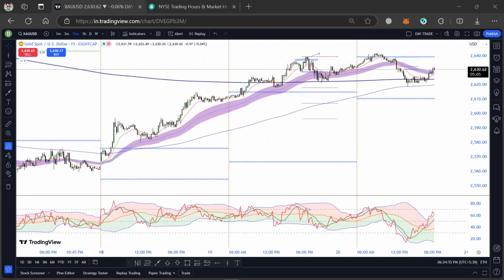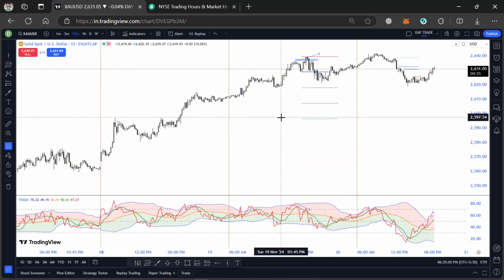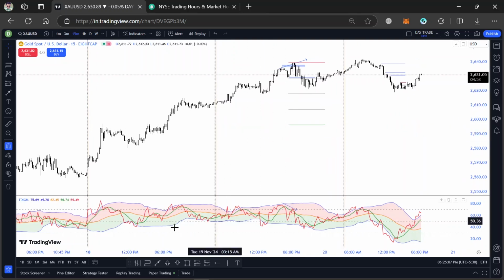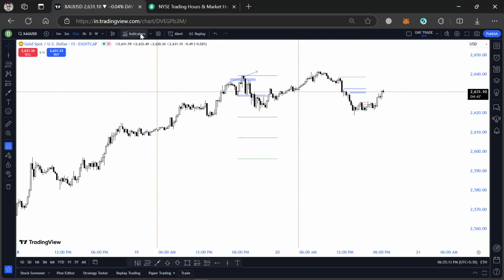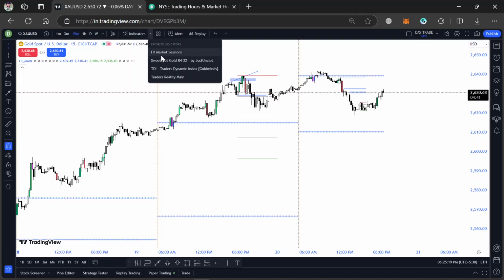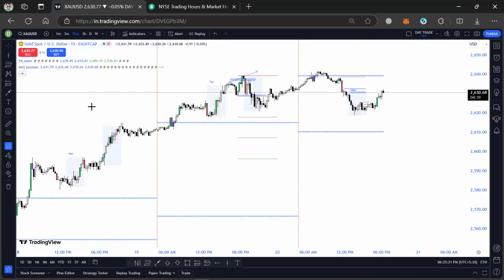Then I got to this point where I started marking off the psychological zones. So let's just get rid of this indicator. My chart looks clean now, and let's just get rid of this TDI as well. Let me just put on something at least. Okay, market sessions.